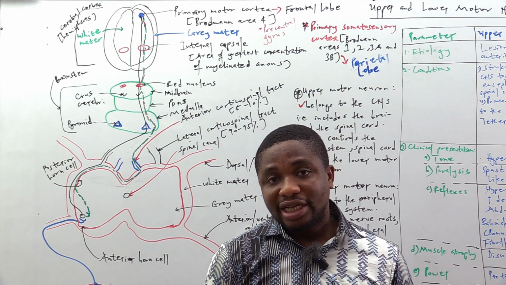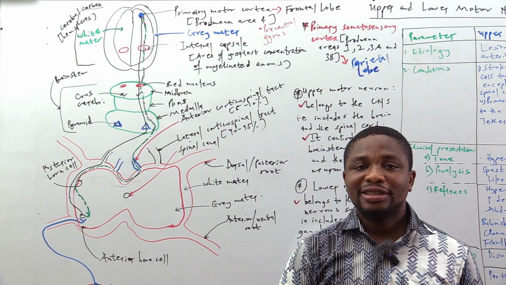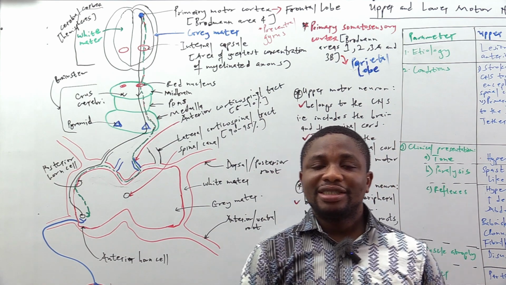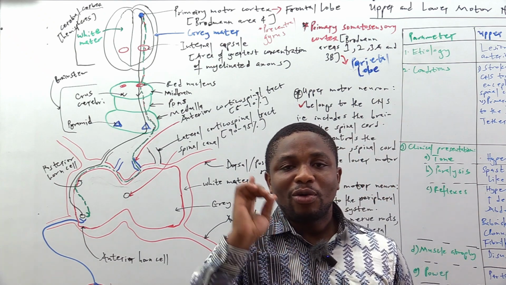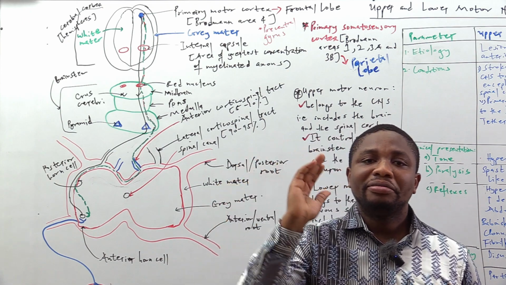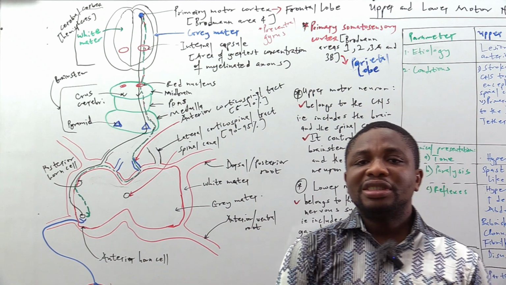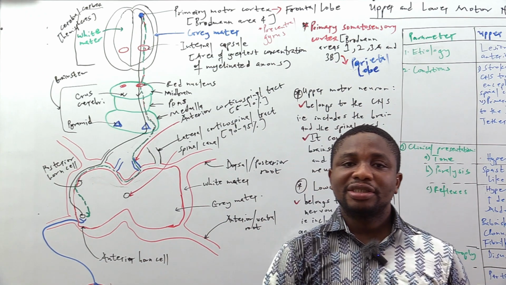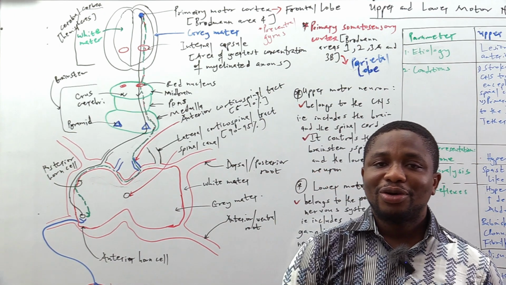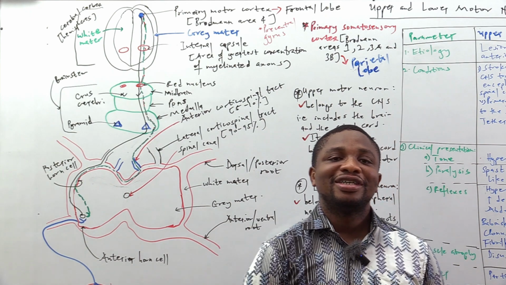And if we are using the Brodmann area classification, then the primary somatosensory cortex will be located at Brodmann area 1, 2, 3A and 3B. Interesting, right? Let's move on.